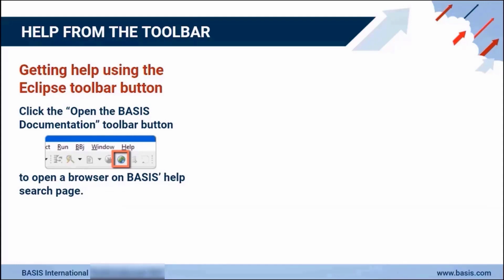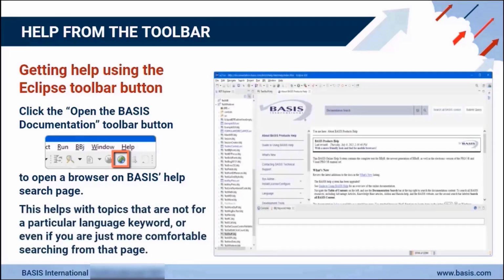If you click that button, it can open a browser on BASIS's help search page. This may help you if all you really want to do is get directly to the larger full function search engine and do your work directly still inside the IDE or outside of it. If you're just more comfortable searching from our BASIS home help search page, then this is a quick way to get there. Click the toolbar button and it will open that in a browser window.